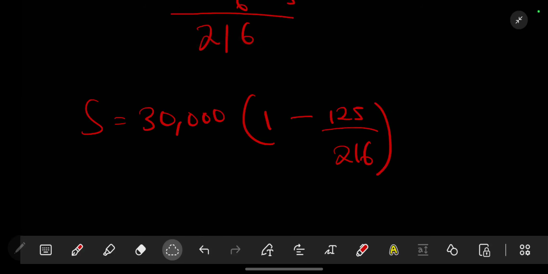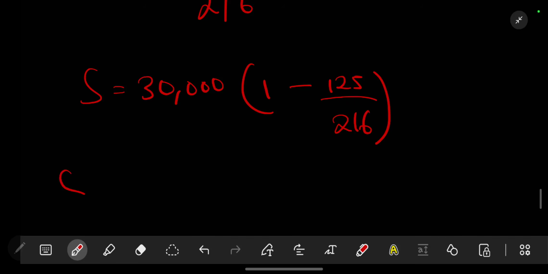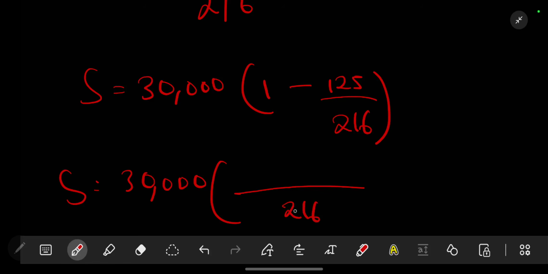After doing that, we are going to have S is equal to 30,000. Then the common denominator here is 216. 216 divided by 216 is 1, and 216 divided by 1 is 216 times 1.